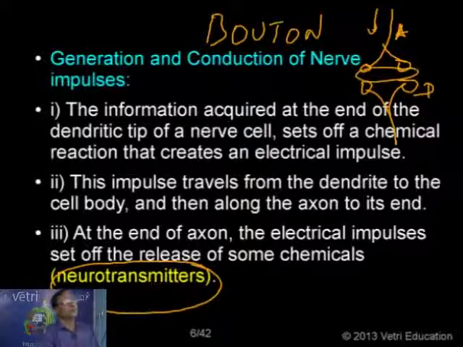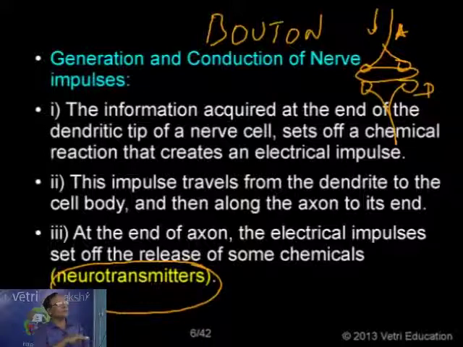The electrical impulses which are passed all along the axon cannot pass across this gap. So these impulses should be converted into some other impulses which have the ability to pass across the end plate, or we can say the bouton.